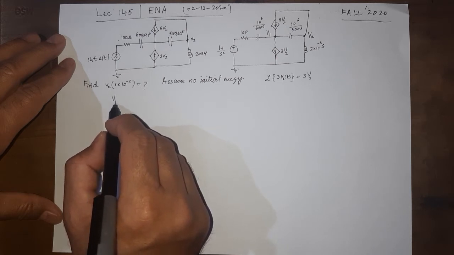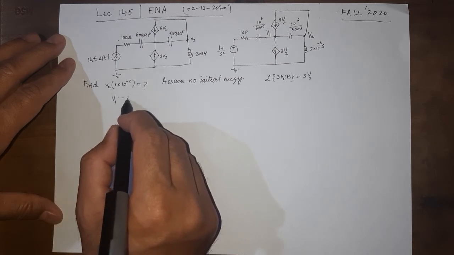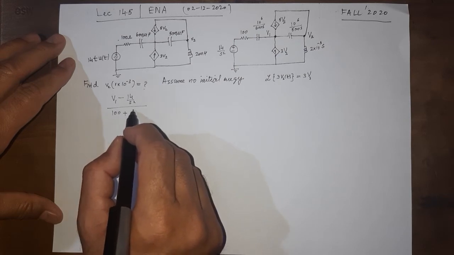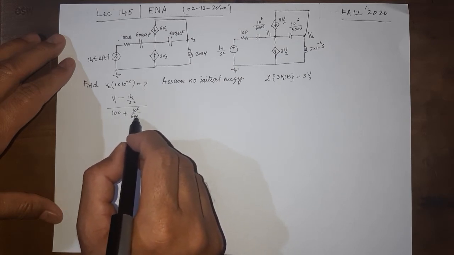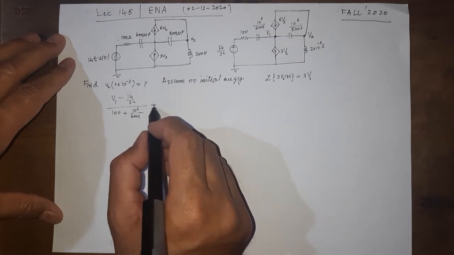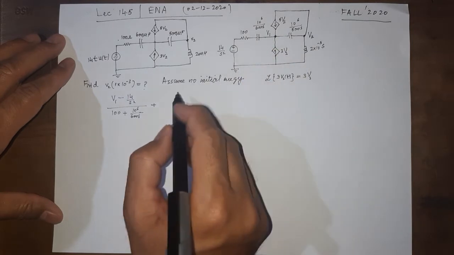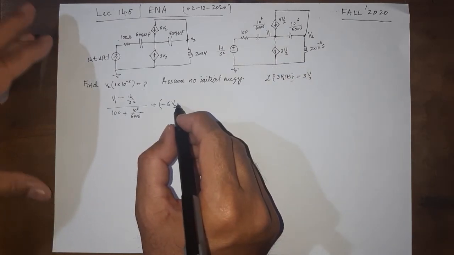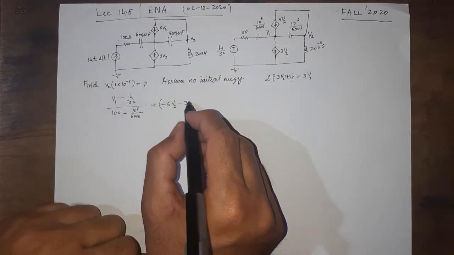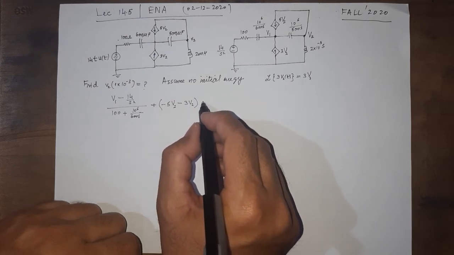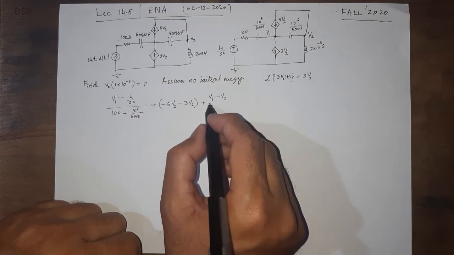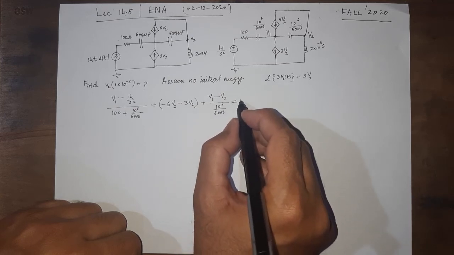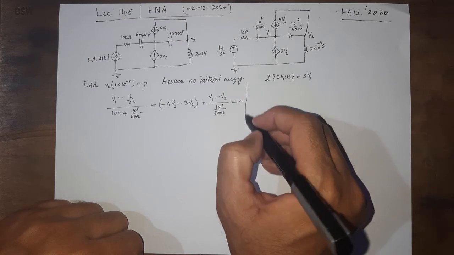So V1 minus 14 over s square over 100, plus 10 raised to 6 over 600s, plus the outward current would be minus 5 V2, minus 3 V2, plus V1 minus V2 over 10 raised to 6 over 500s, is equal to 0. One of the equations.